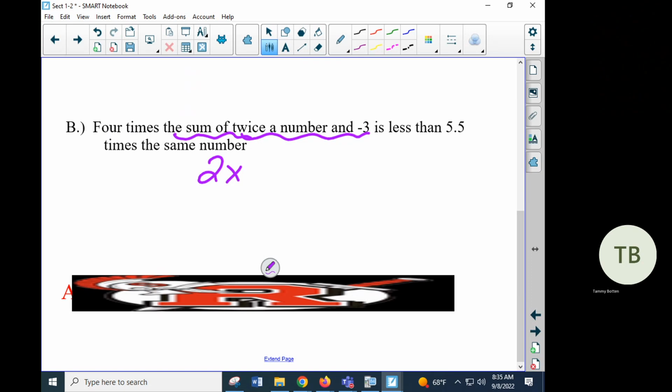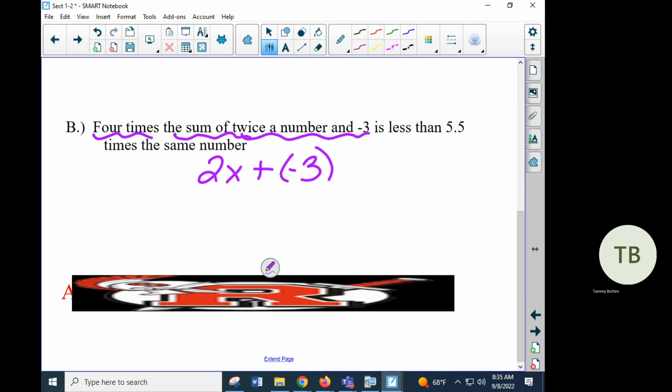Sum means add, right? So plus a -3. So the sum of twice a number and -3. And then we have to go back and do 4 times that. Do you remember what we talked about yesterday? How do I make sure to go 4 times this?